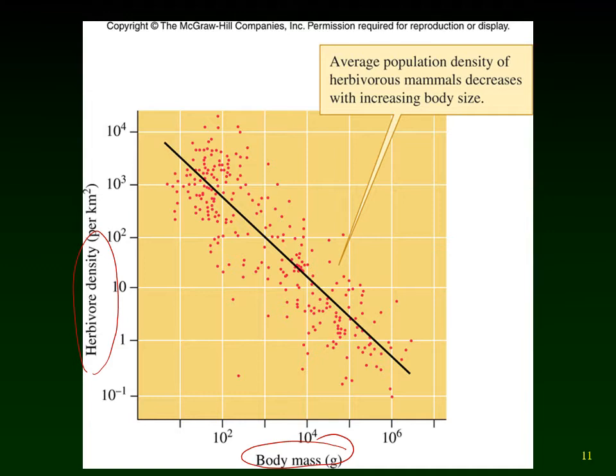And we can see, even though there's quite a bit of scatter, there's a lot of points on this graph, we can definitely see there's a clear trend line as we go from the smaller herbivorous mammals to the larger herbivorous mammals. The density of the populations of the large mammals is much lower than the density of the populations of the small mammals, who have much higher population densities.